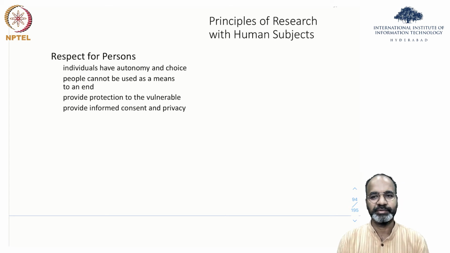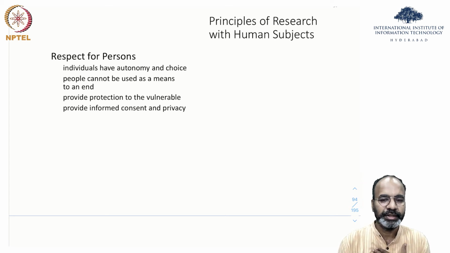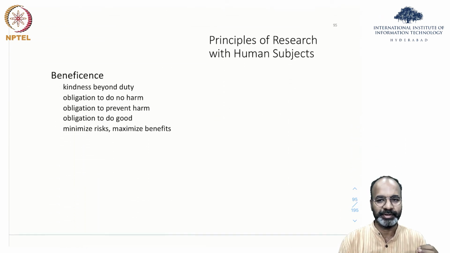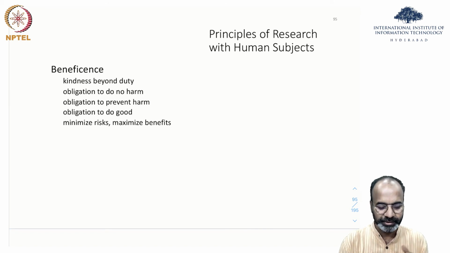What are the things we as researchers should make sure happen? Respect the participants, give them the right to leave the study, the right to stop doing whatever they're doing as part of the study, whenever they want.